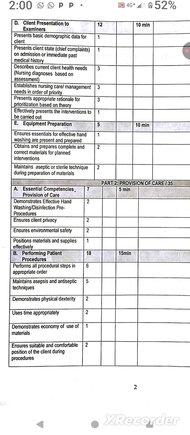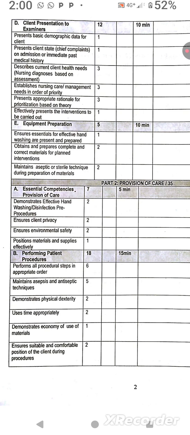This is out of 12 marks and should be done in 10 minutes. Present basic demographic data for the client. Present current state, chief complaint on admission or immediate past medical history.